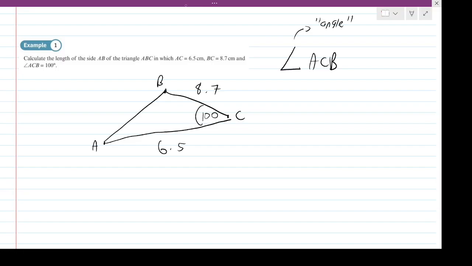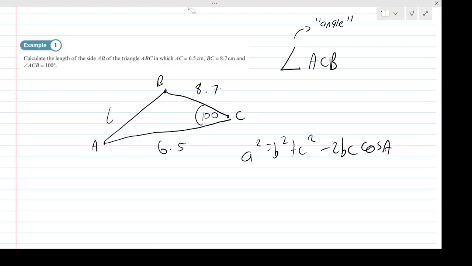So then we need to find AB. Again, we can use the cosine rule because we know an angle and 2 sides, so we can find the side opposite the angle, AB. Remember the cosine rule: a squared is b squared plus c squared minus 2bc cosine of A. Now, a squared is AB, so that's going to be AB squared.